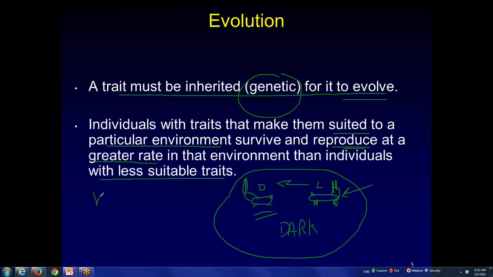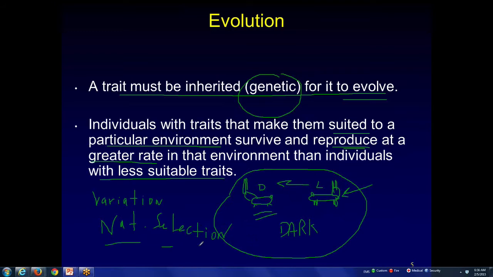You have to have variation, all right? So we had to have both dark and light colored. You have to have some variation in your population. And not only do you have to have variation, you have to have natural selection, where nature chooses one variety over the other. If nature doesn't really care, if you're just as likely to survive, whether you're dark or light, you won't have evolution occur.